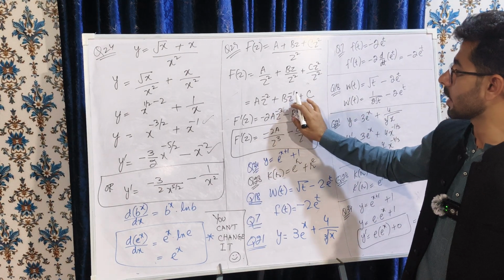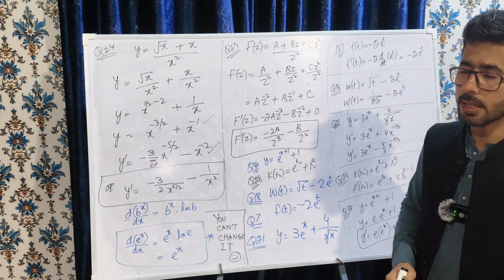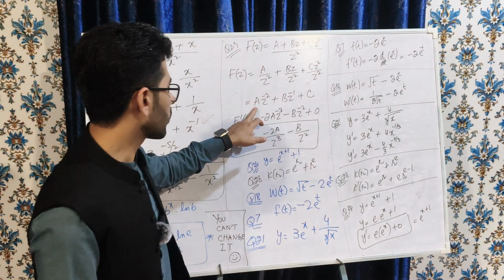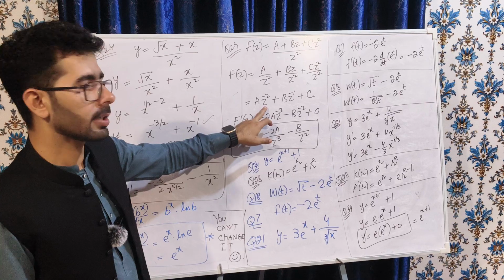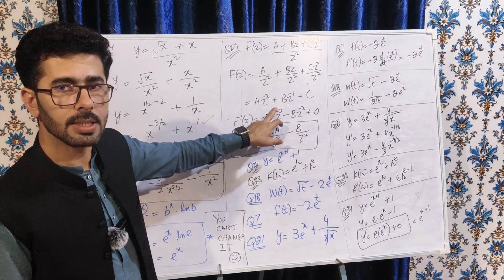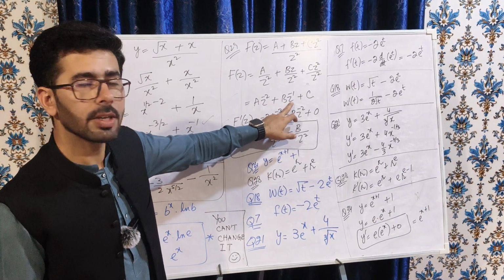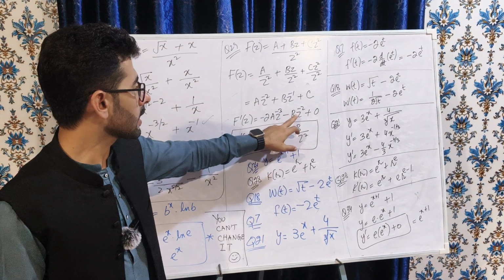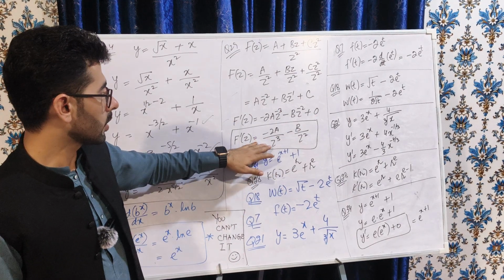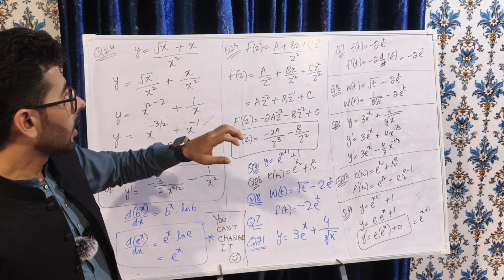Here we get b times z power minus 1, here we get a times z power minus 2. You apply the simple power rule: you keep a out of the discussion and take the derivative of z power minus 2, that will be minus 2 z power minus 3. You keep b out, the derivative of z power minus 1 will be minus z power minus 2, and the derivative of c will be 0. Simplify it into this format or leave your answer there, both are acceptable.